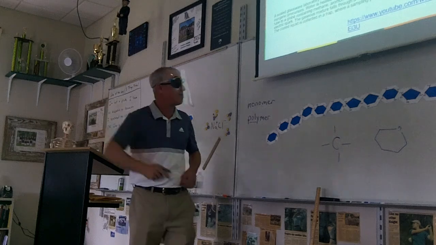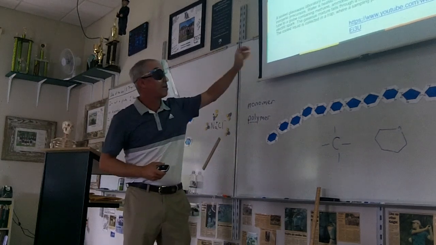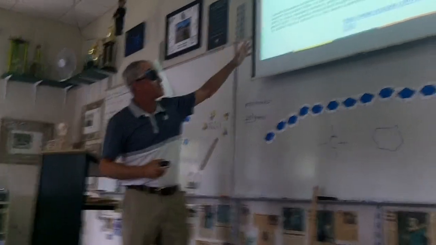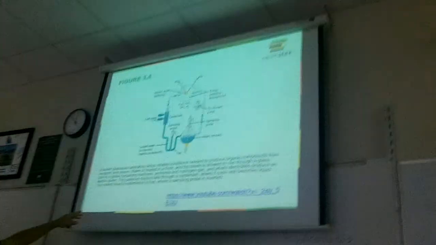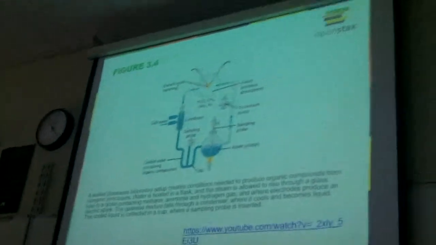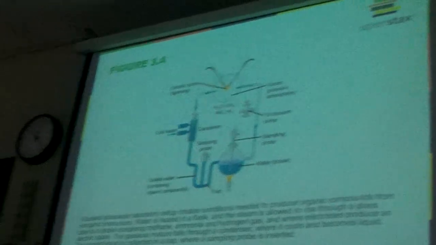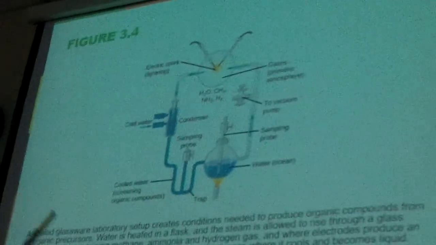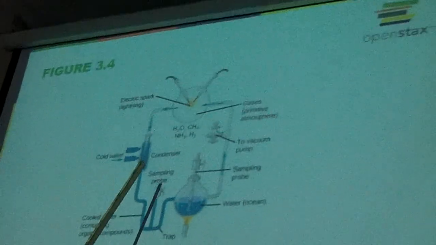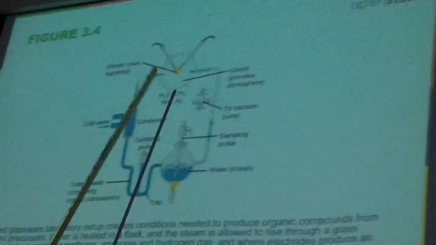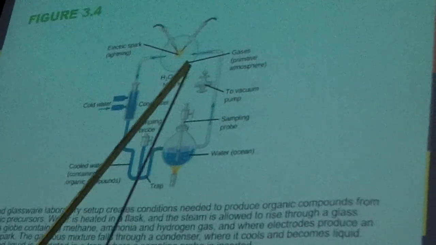Yeah, Miller and Urey. Miller and Urey were two scientists who wanted to test this experiment. So they set up this apparatus that looks like this, and they took some of the molecules that were present in early Earth's atmosphere, like water and methane and ammonia and hydrogen. Those were present in early Earth's atmosphere.